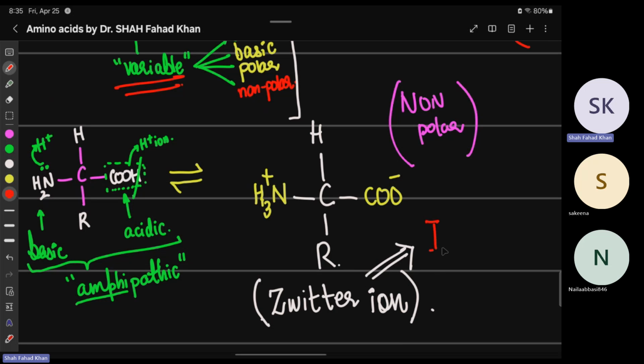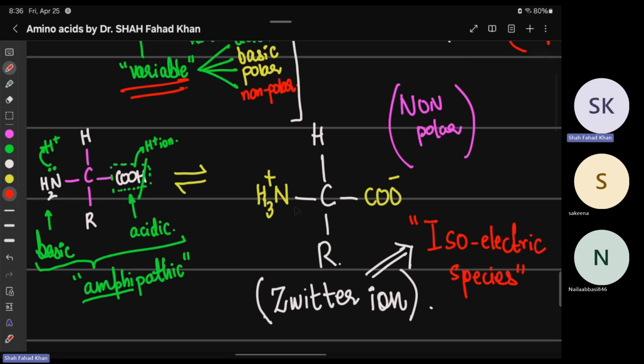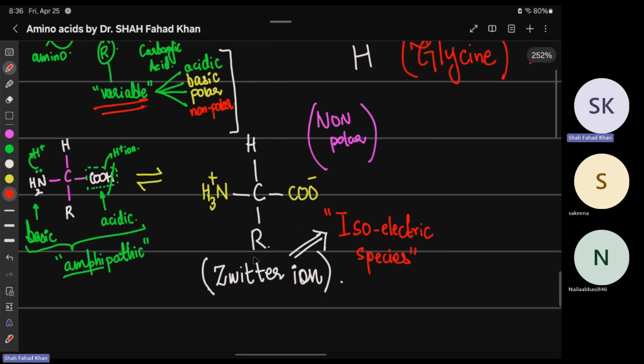Iso means the same, having equal quantities of charges on both sides. An isoelectric species has an equal number of positive and negative charges. Therefore, the overall charge of the Zwitter ion is still neutral. So overall neutral.